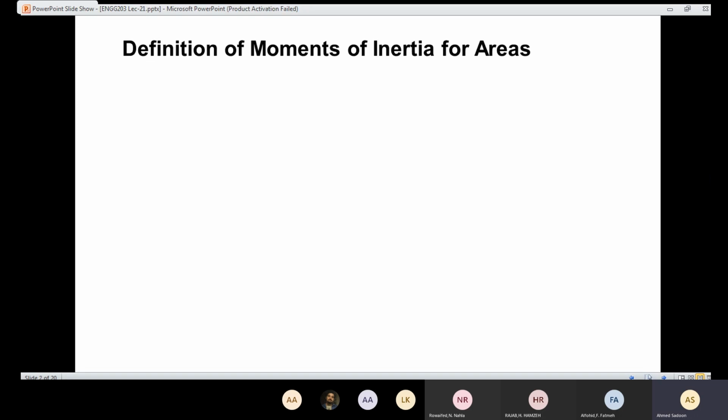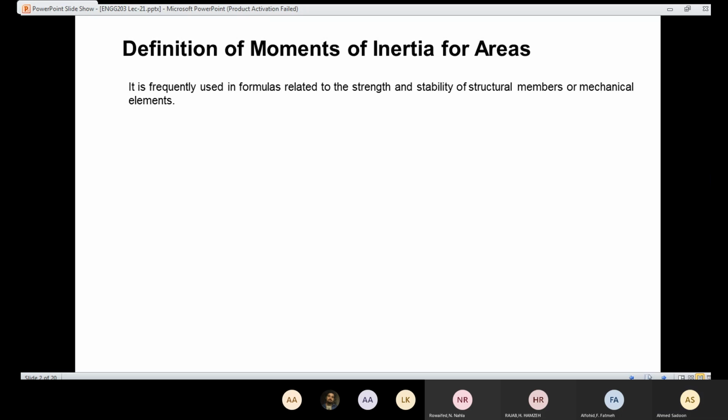The definition of the moment of inertia for area: it's frequently used in formulas related to the strength and stability of structural members or mechanical elements. Like I mentioned, it's a very important property that helps us evaluate the capacity of a certain structural member to take the moment.